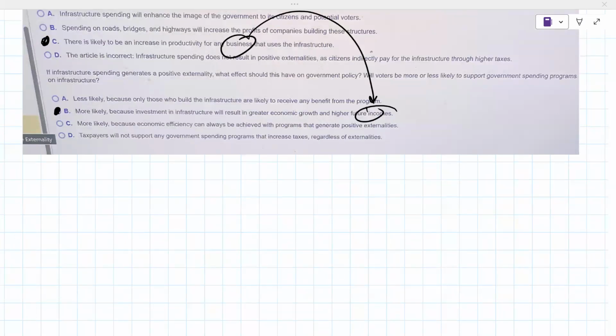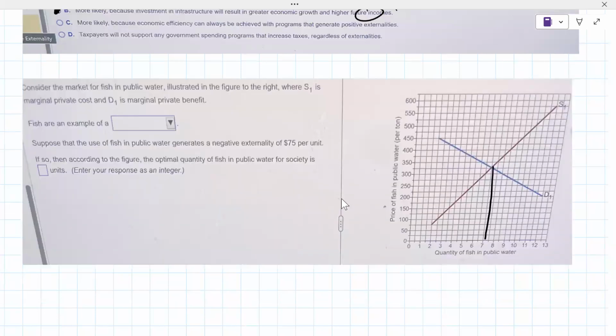All right, get this one loaded up. I don't know why they keep giving you the graph. Oh, there it is. So the quantity of fish is where the blue and the red intersect on the x-axis. For whatever reason, they put quantity down there. So it looks like it's 7.